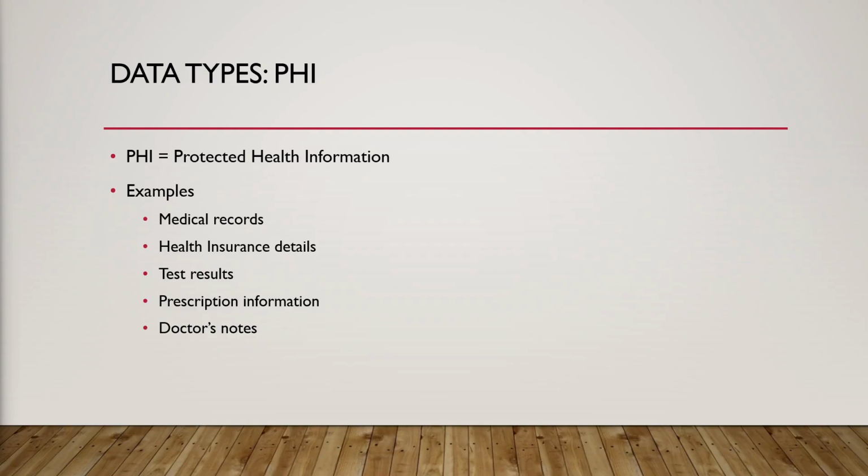And that's in the US only, but it tells us how healthcare providers and organizations must store, process, and share PHI data. PHI data could be medical records, health insurance details, test results, prescription information, doctor's notes, anything that can be traced back to health-related information.